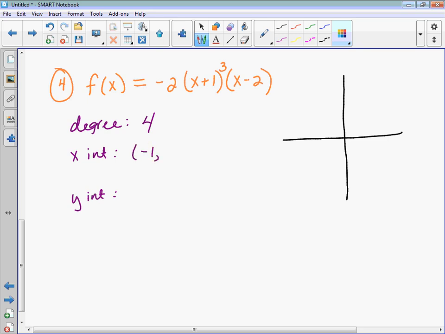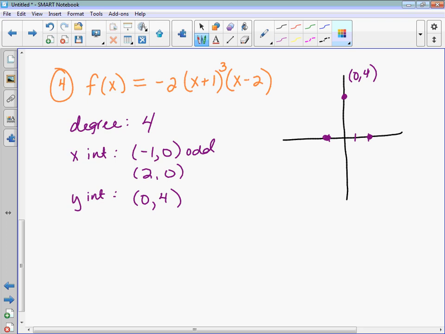I realized that I had the right graph. It was a positive graph. Let's see. 1 cubed is 1, negative 4. You could just take marks if you wanted to do that. It's easier to just do it that way.